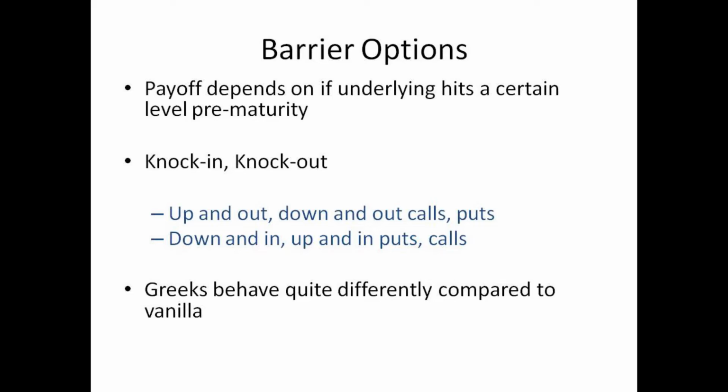Now with a vanilla call option that doesn't have that knock-in, as the price of the underlying fell, you would expect the delta to fall, while with a knock-in you would see the delta increasing as it goes towards the knock-in barrier, because if it's rallying away from that barrier without having knocked in, it becomes less likely to pay out to the end investor.